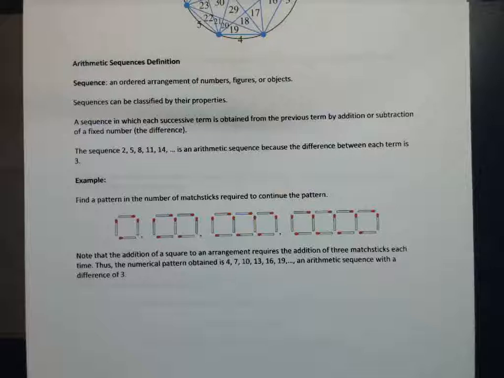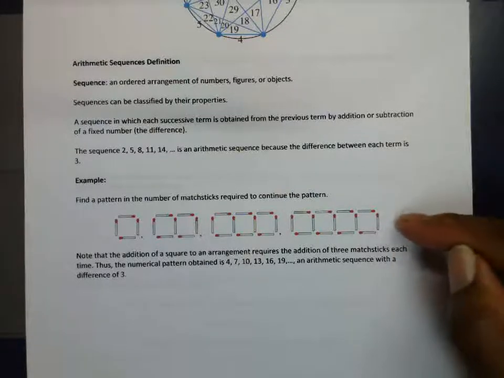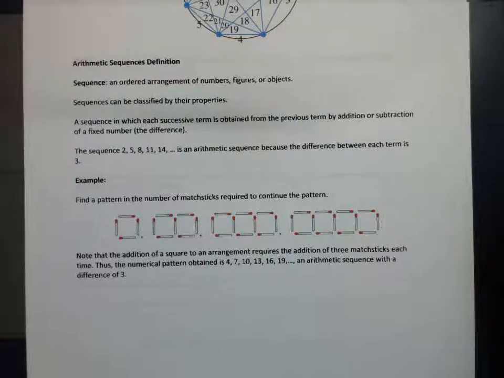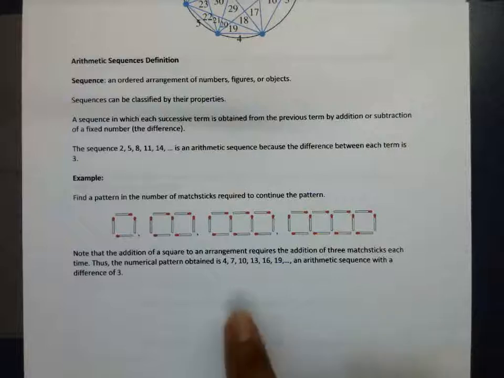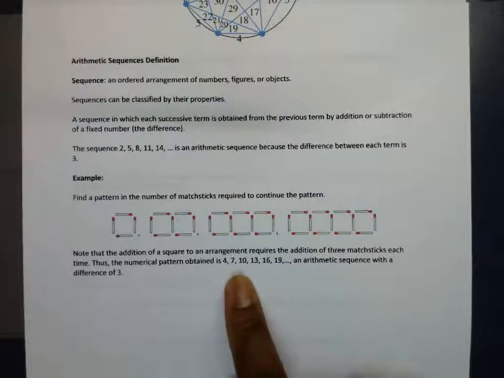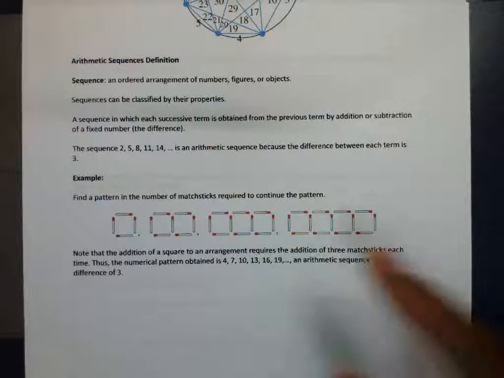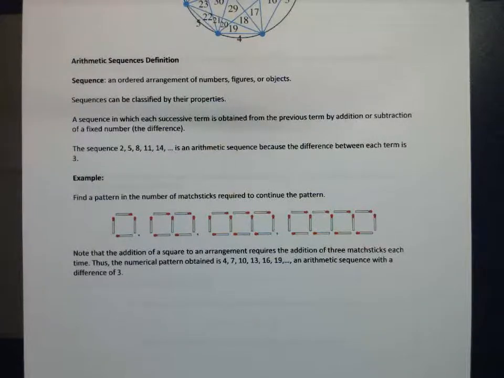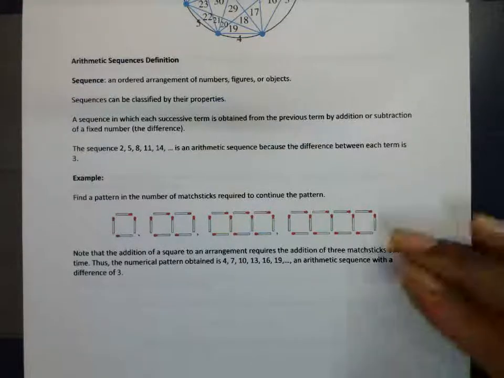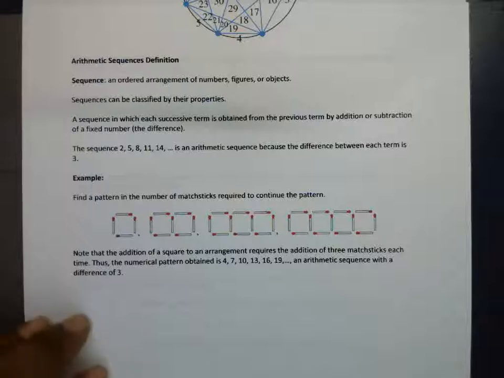So there is a numerical pattern. What we're doing here is adding 3 more matchsticks in this arrangement. So the numerical pattern would be 4, 7, 10, 13, then 16, 19. And this is an arithmetic sequence with a difference of 3, because we're adding 3 matchsticks in this particular arrangement.